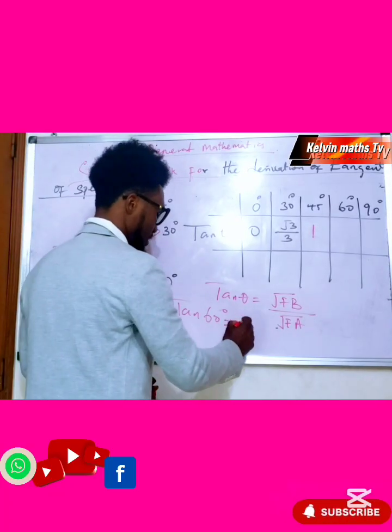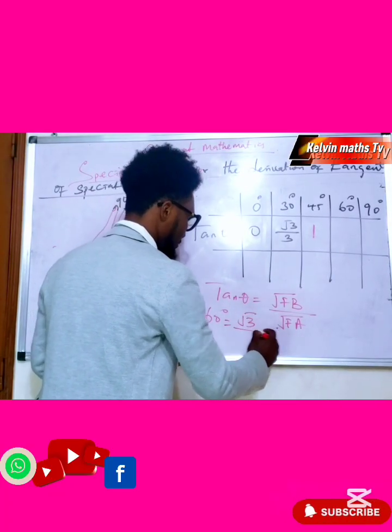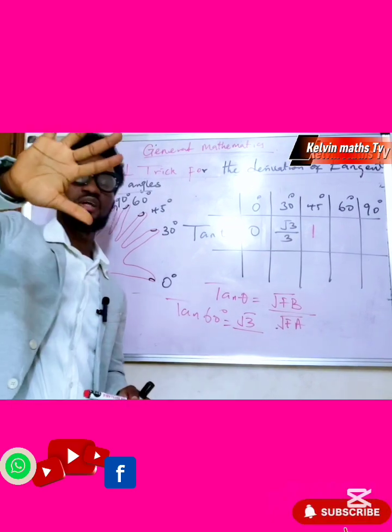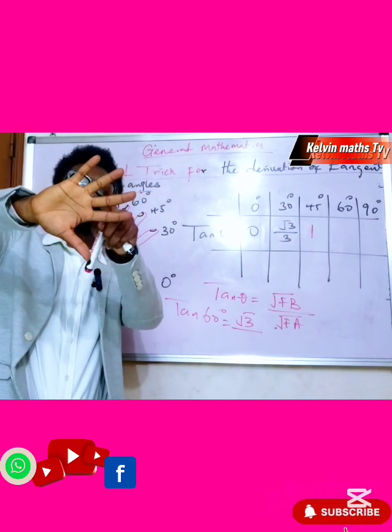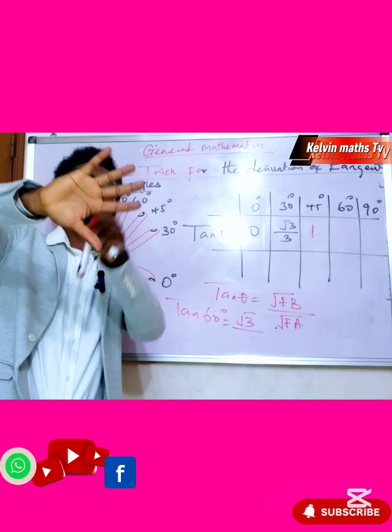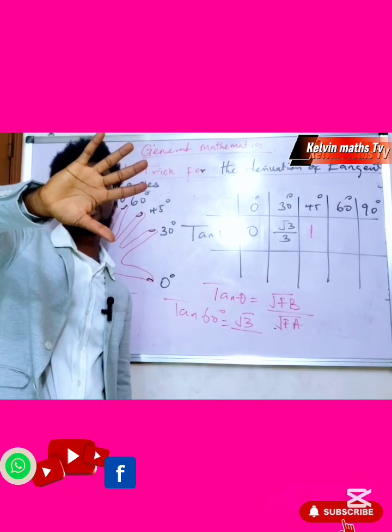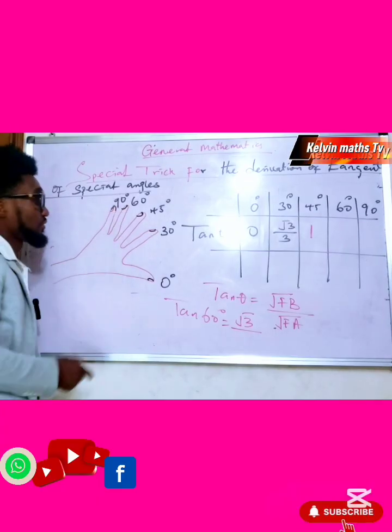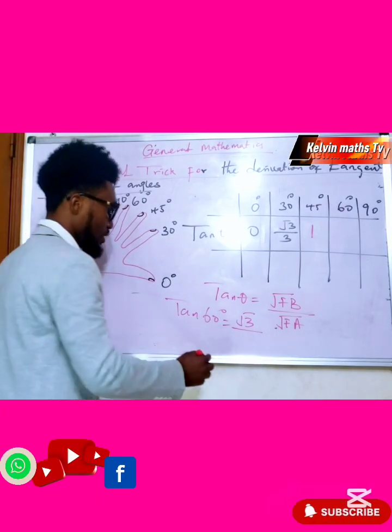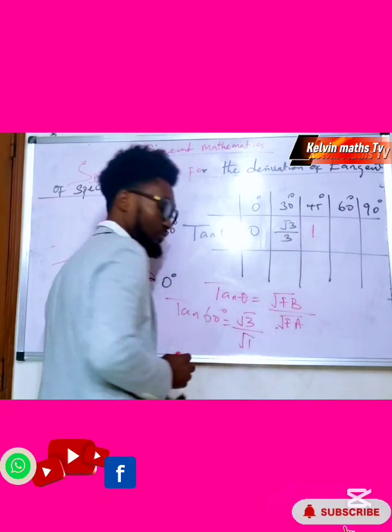This gives rise to square root of 3 divided by how many fingers are above 60 degrees? This is 60 degrees, right? Good. We have only 1 finger above 60 degrees. You can see it. The same thing here, only 1 finger above 60 degrees. So we have square root of what? 1.